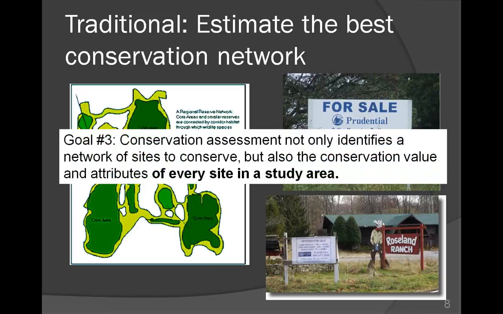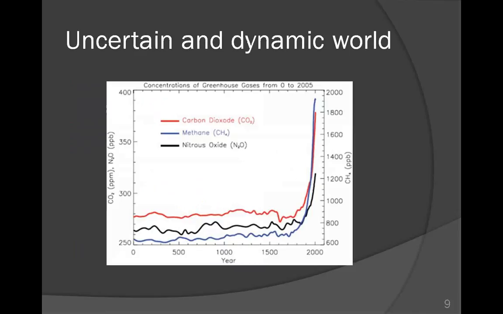So the third goal for this decision support system is that conservation assessment should not only identify a network of sites to conserve, but also the conservation value and attributes of every site in a study area.